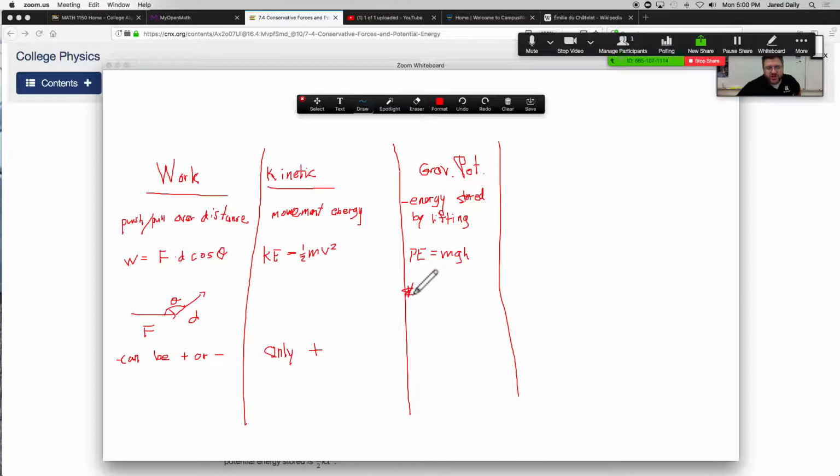And this one is important. You have to choose where h equals 0 is going to be, where your 0 point is going to be. And then h can be either above that or below it. And h can be positive or negative. So that means that potential energy can also be positive or negative.